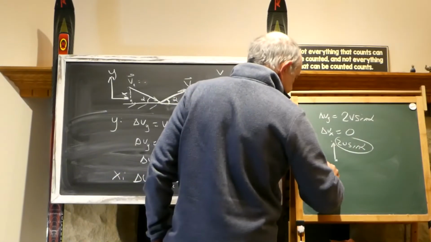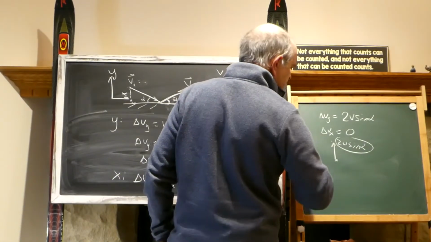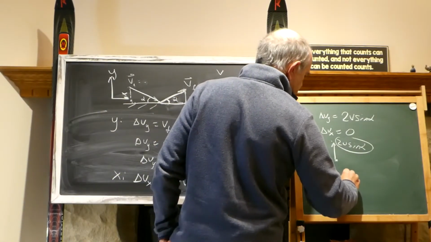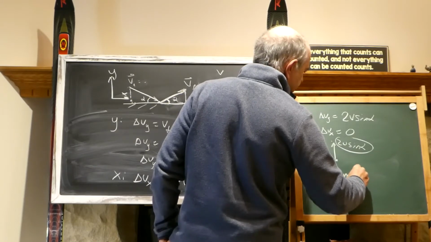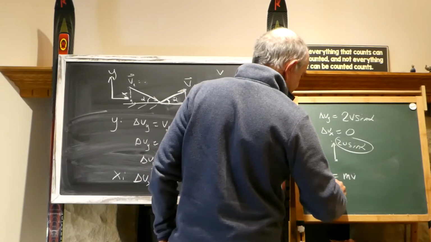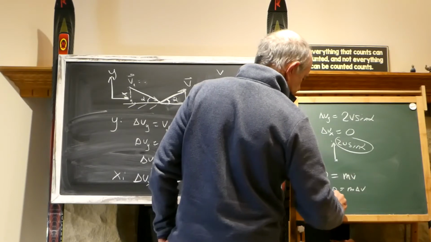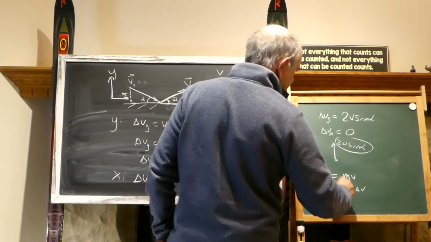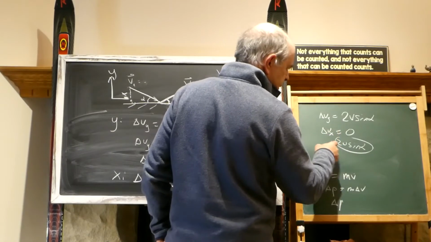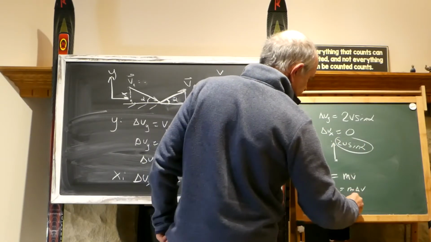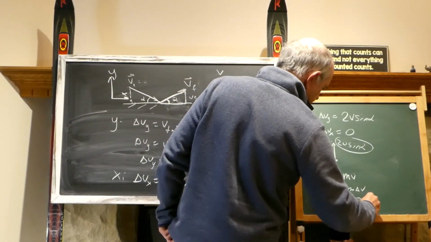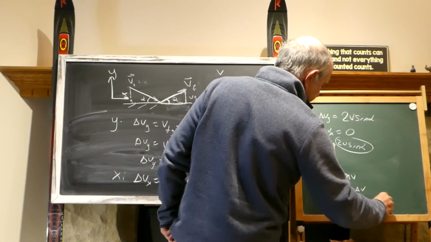And of course I can say that momentum is mv. So delta p equals m delta v. And I say that delta p is this, and this is 2mv sine alpha.